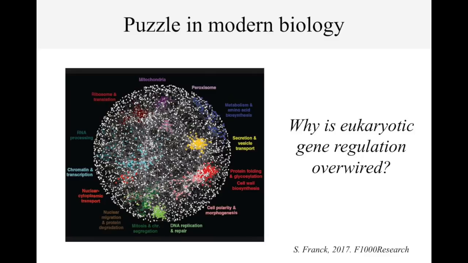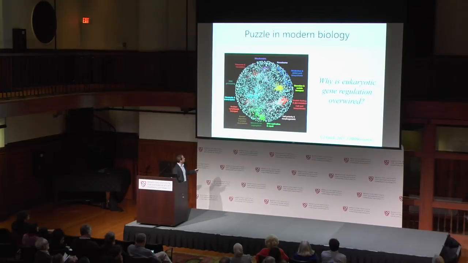One important puzzle in modern biology is the question of why eukaryotic gene regulation is so overwired. I will explain many of those terms. Here in that picture, you see the gene network and the regulatory networks of the genes in yeast, depicted with the different cellular functions in different colors.